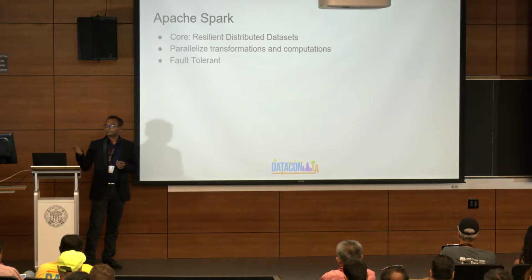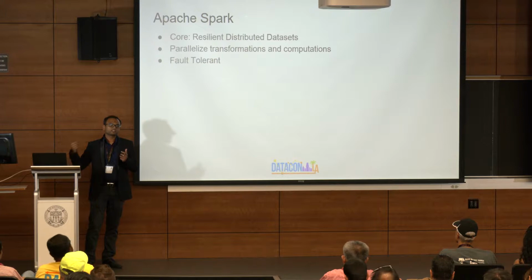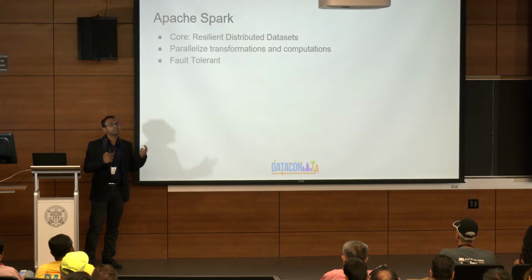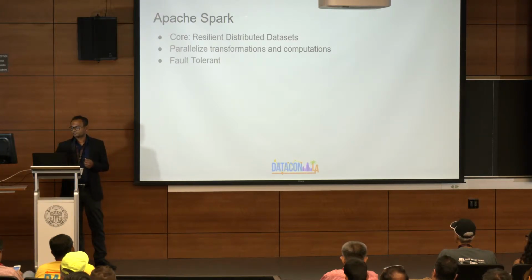Since RDDs are resilient and immutable collections of objects, it remembers the lineage of operations. So when something fails, it exactly knows what operations had been carried out on that dataset. And as it is immutable, it can revert back in case of failures. That's why Spark is fault tolerant.